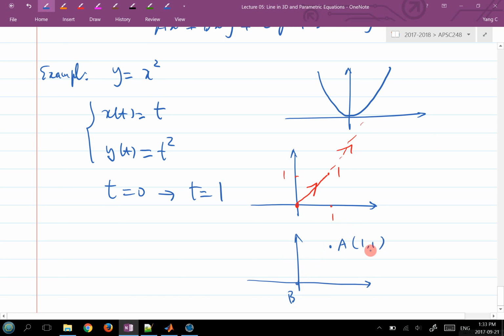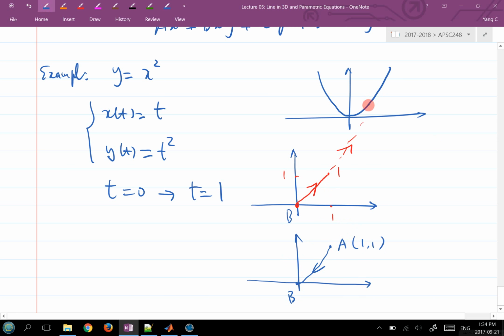Now instead of going from B to A like the first case, we go from A to B. So starting at A and ending at B, but you still want the point to be along this y equal to x squared trajectory.